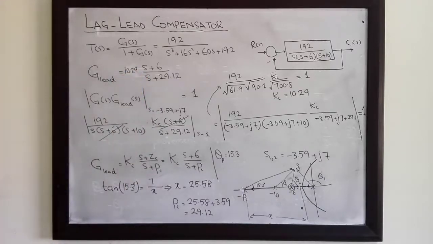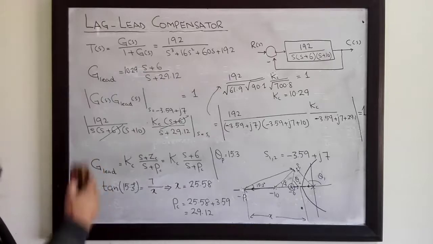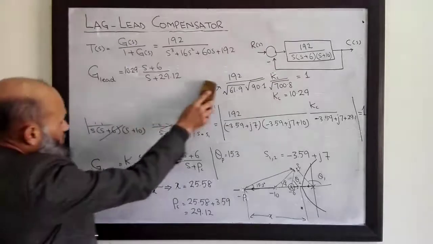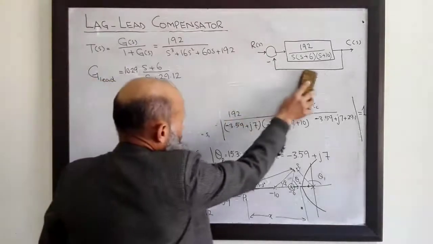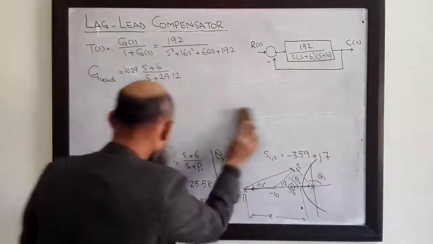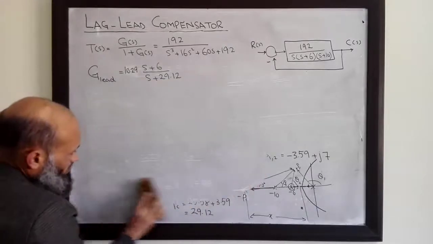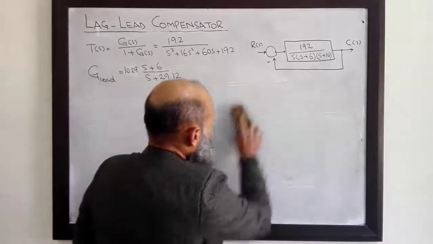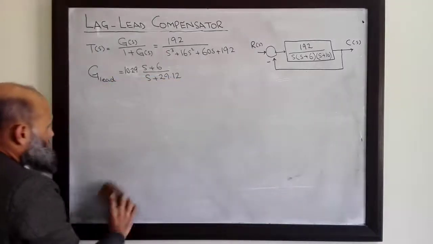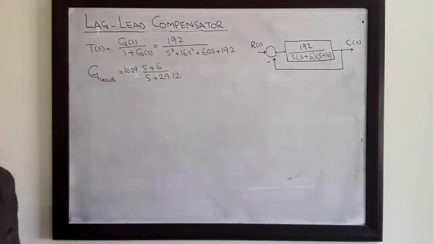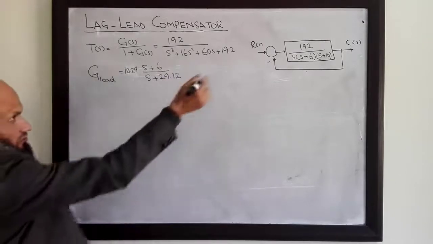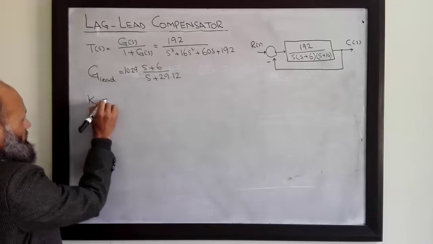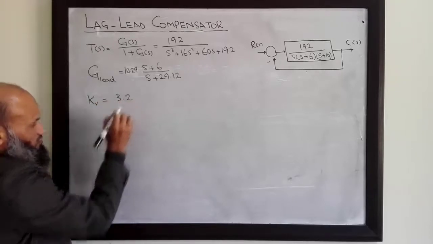So we have achieved the required transient characteristics, and to improve the steady state characteristics, we shall now design a lag compensator. The requirement was a 10 times improvement in the steady state characteristics. For the original uncompensated system, Kv we found was equal to 3.2.